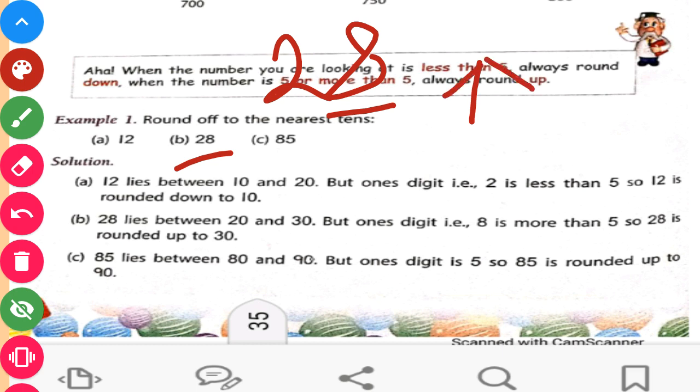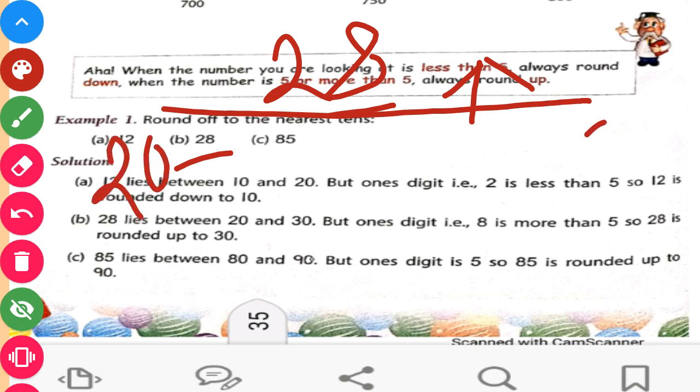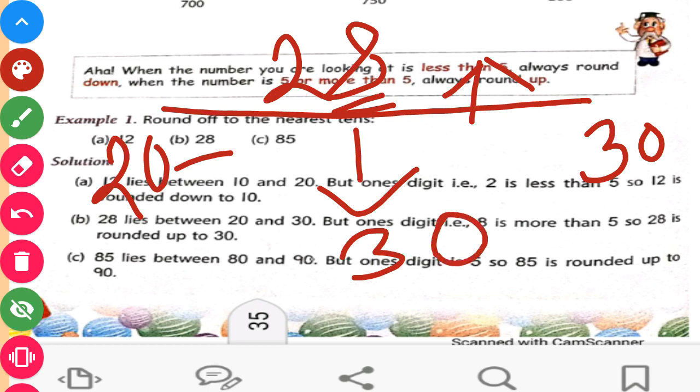We will round it up. 28 lies between which two numbers? 28 lies between 20 and 30. So as we have seen, 8 is given at ones place, so we will round it up and so it will become 30. 28 will be rounded off to 30.